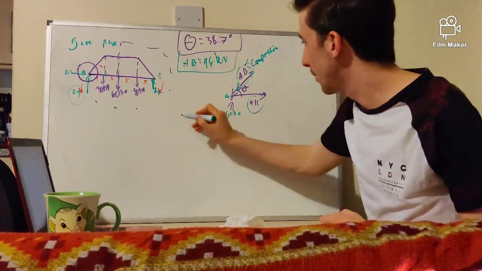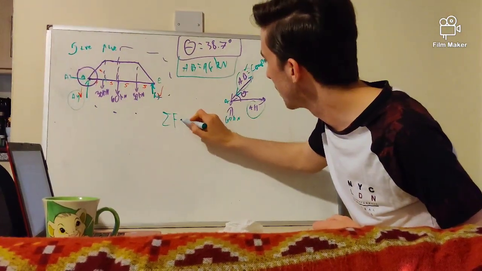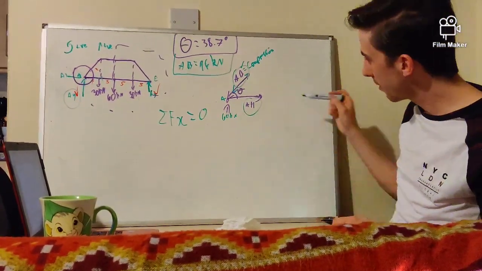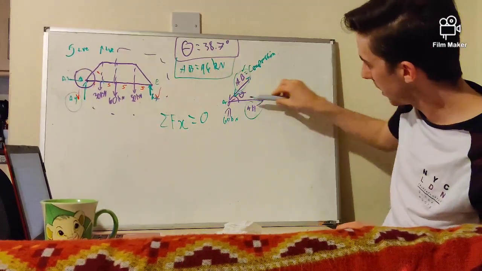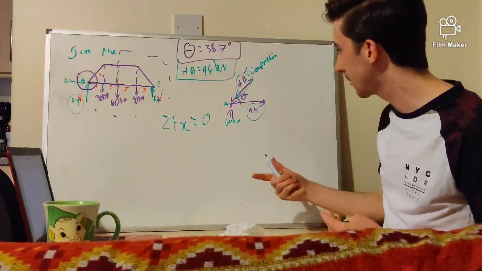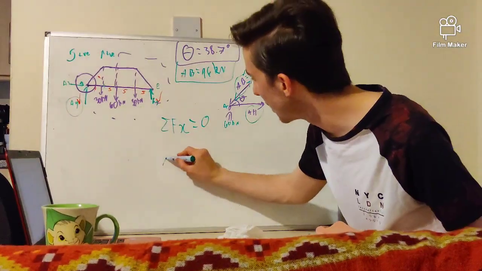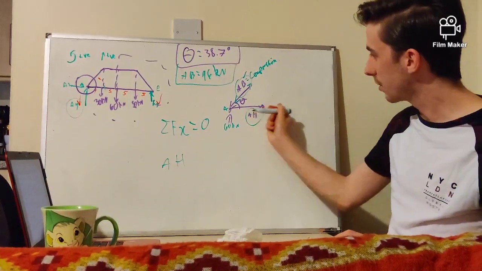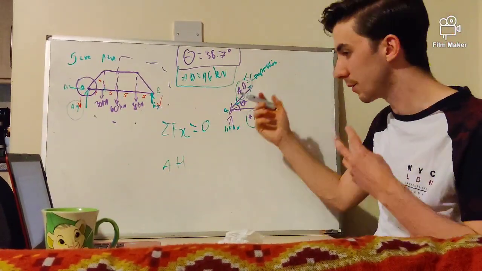Okay, so we know that the sum of the forces in X this time also equals 0, so everything acting through this in this direction has to be nothing. So that means whatever AH is, because that's acting in this direction, it's just purely acting in this direction with an angle of 0.